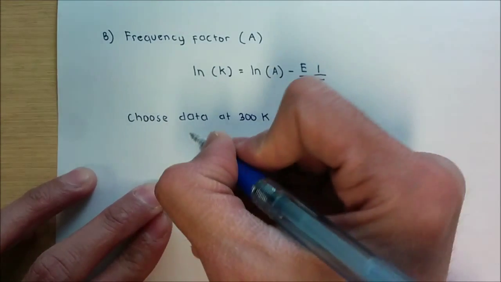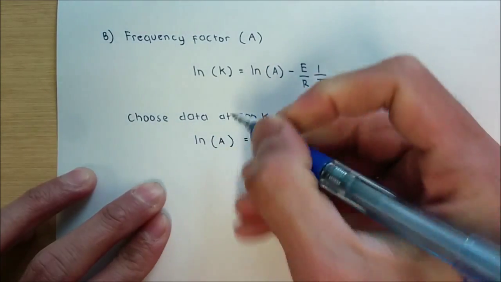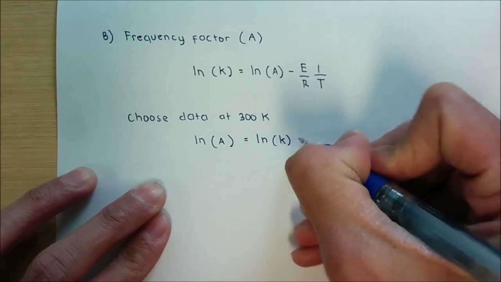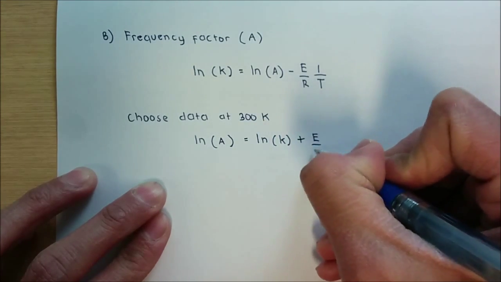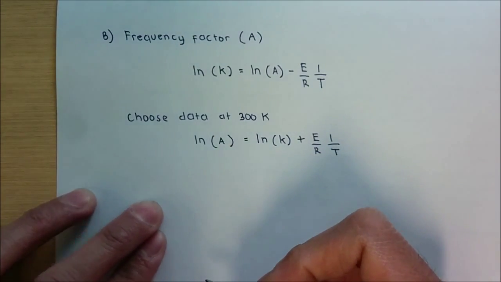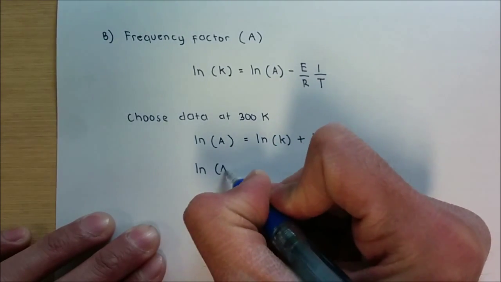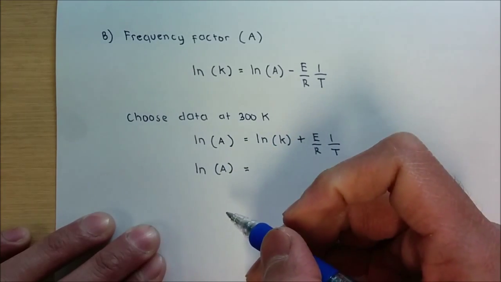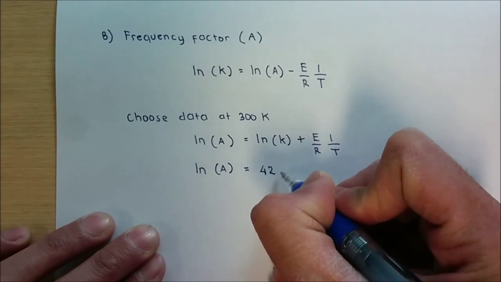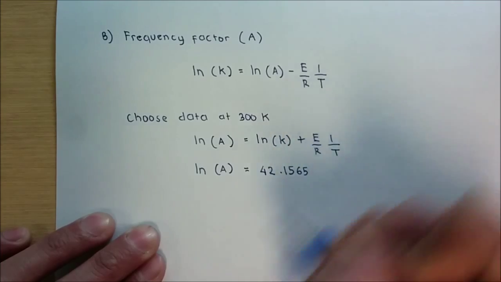So based on this, ln A is going to be equal to ln k plus E over R times 1 over T, with T being 300 Kelvin. If we calculate, we will get ln A is 42.1565.